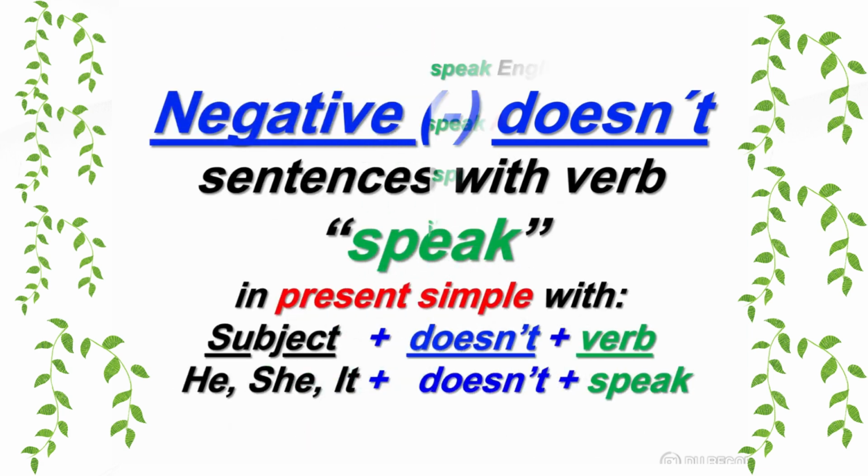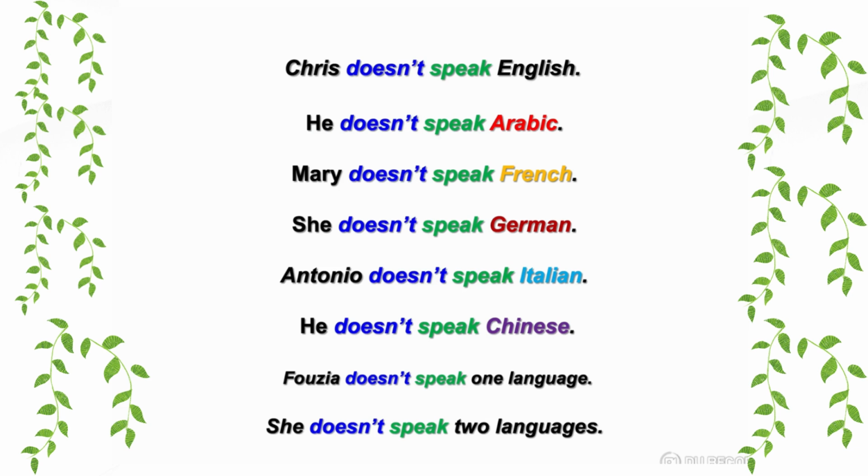The negative form. Chris. This word we don't pronounce it Chris with a ch; in some words CH is pronounced K. So this word is Chris. Chris doesn't speak English. He doesn't speak Arabic. Mary doesn't speak French. She doesn't speak German.